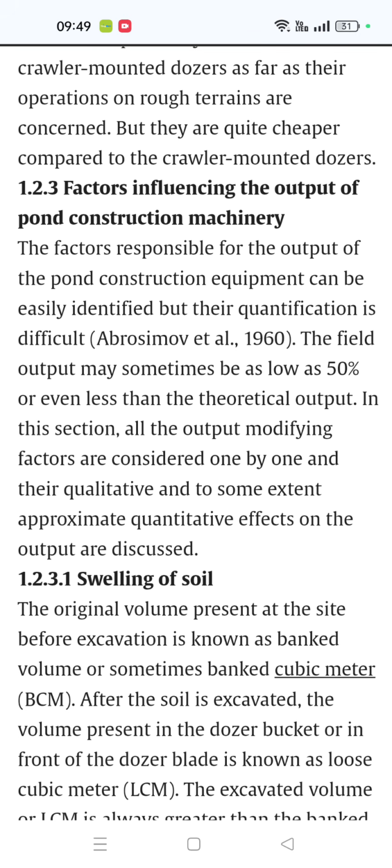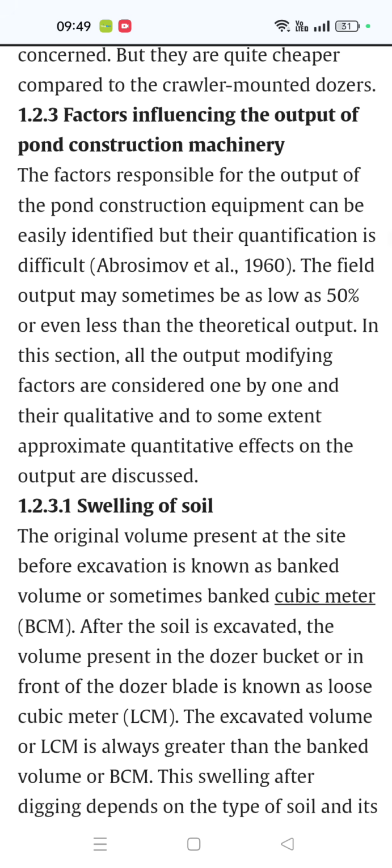Approximately 80 to 90 percent. The field output may sometimes be as low as 50% or even less than the theoretical output.